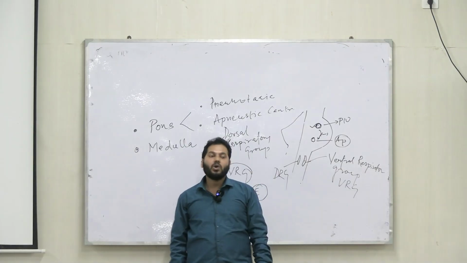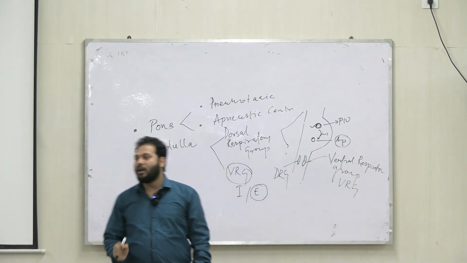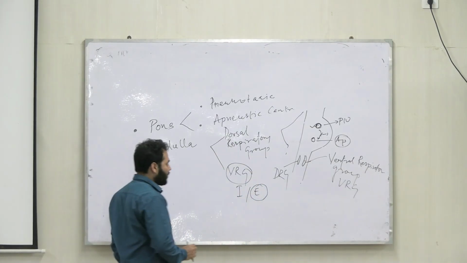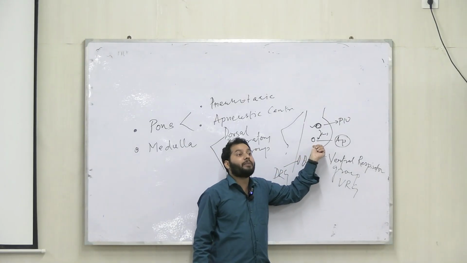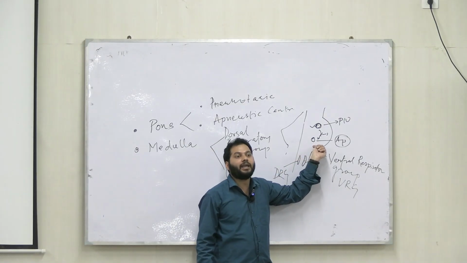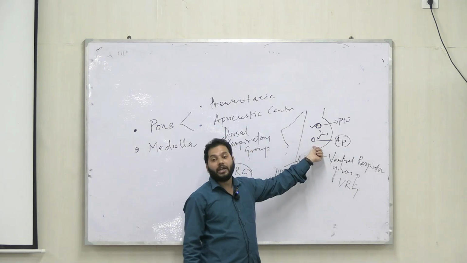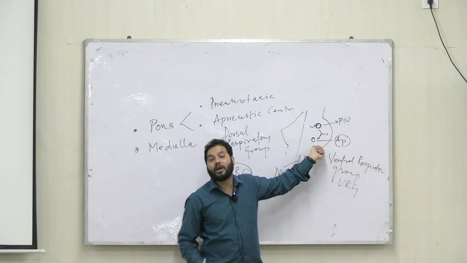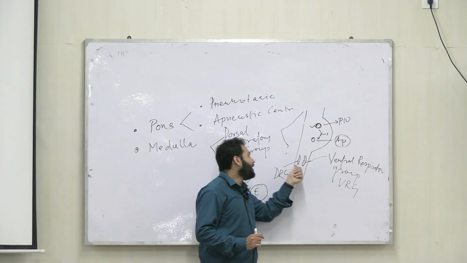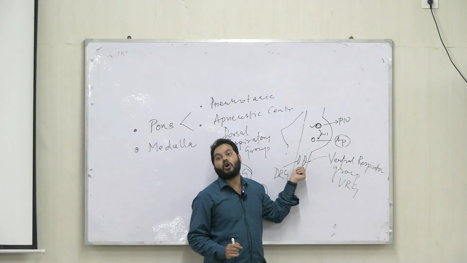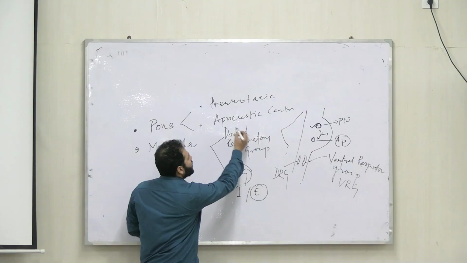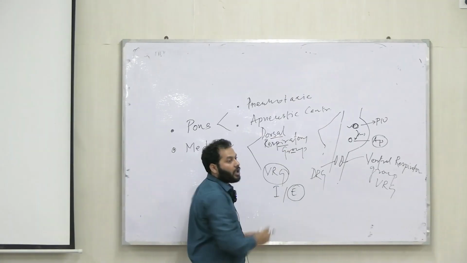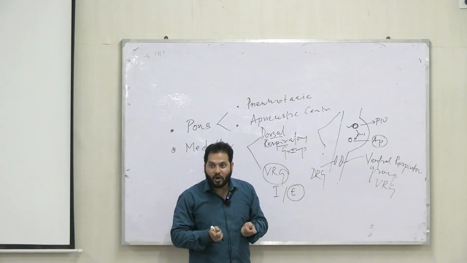Now the question is, what is the role or function of the apneustic center? The apneustic center, or the lower part of the pons, mainly stimulates the inspiratory area of the dorsal respiratory group, right? As I mentioned, the dorsal respiratory group is mainly involved with the inspiratory process.